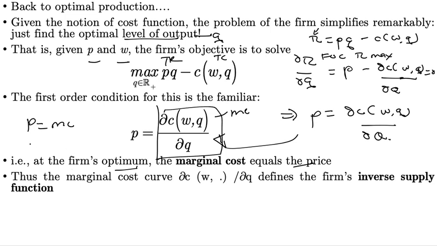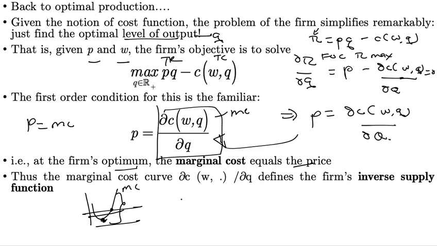Let's recall your first year study. When price is equal to MC, this is MC, this is the demand or price, isn't it? My main point here is that the marginal cost curve, which is delta C over delta Q, defines the firm's inverse supply function.